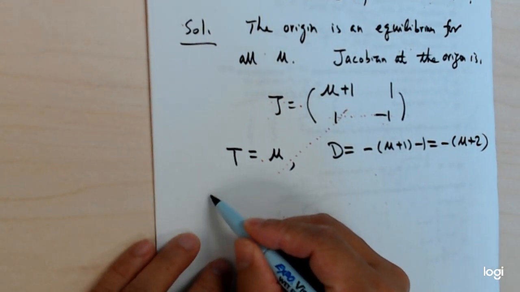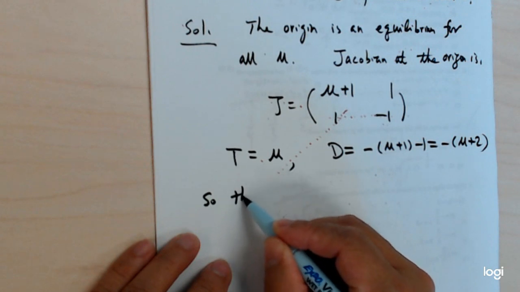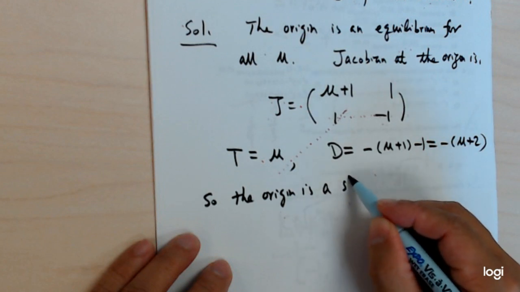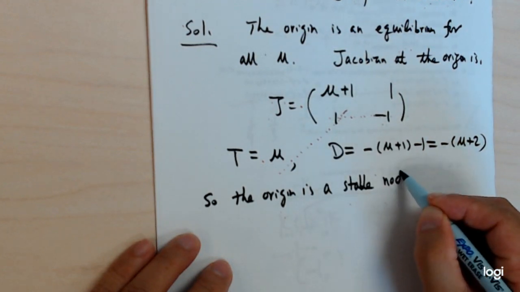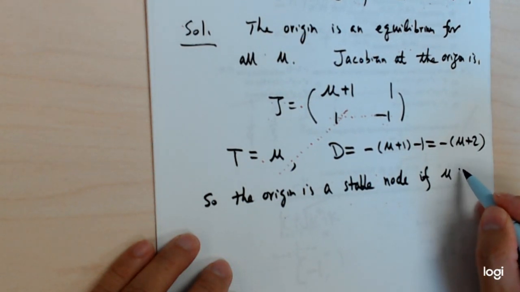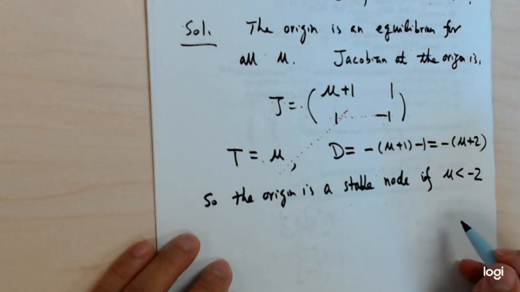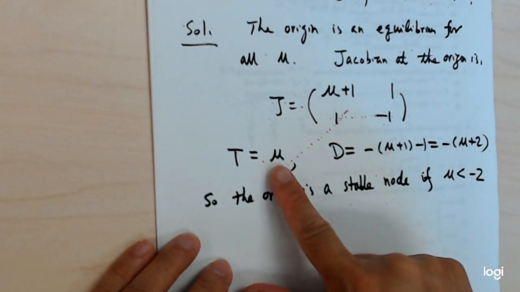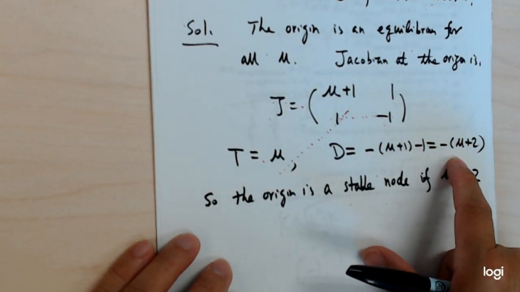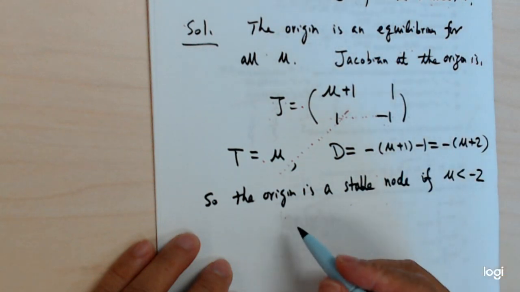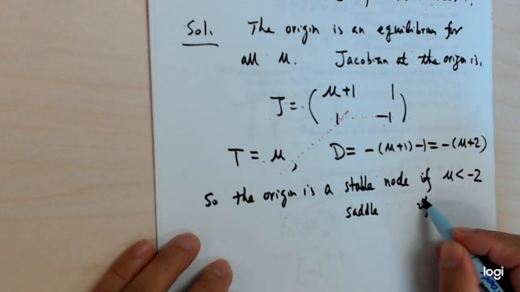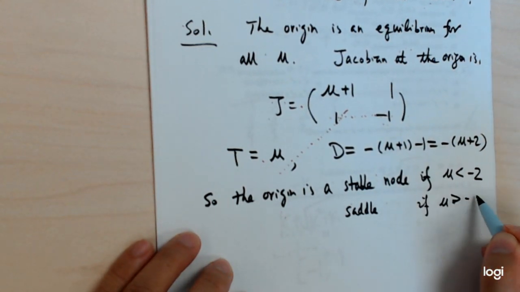You can easily see that the origin is a stable node if mu is less than negative 2. Because in that case, t will be negative, and d will be positive. Okay, d will be positive. It is a saddle if mu is bigger than negative 2.